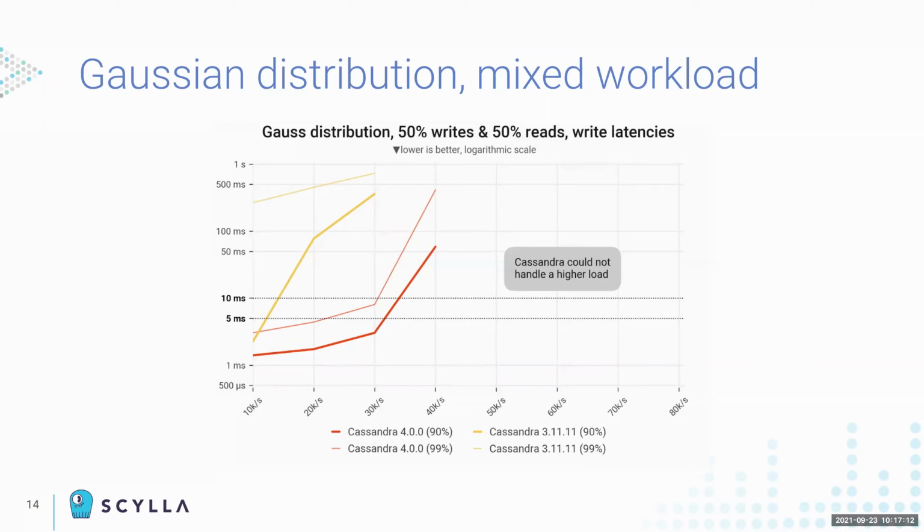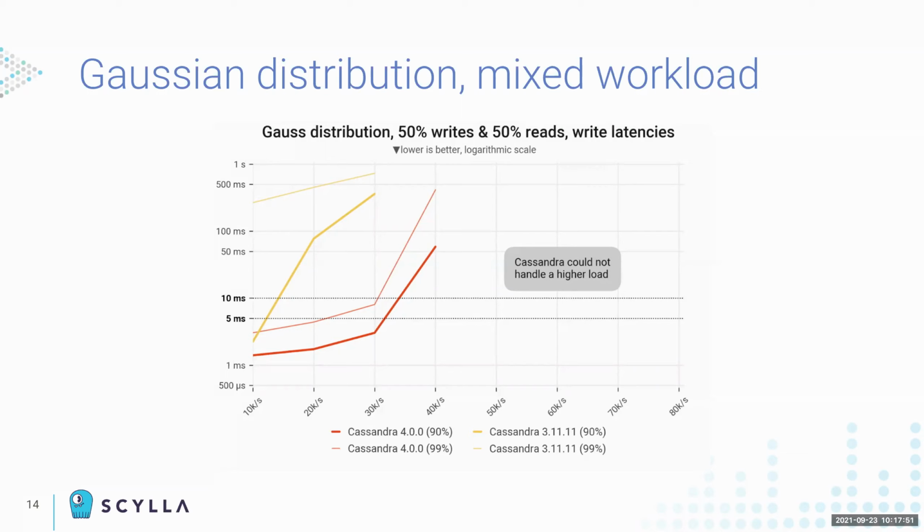This graph shows the write latencies in the mixed workload type of this benchmark. First of all, it will be similar between the graphs. The yellow lines signify the Cassandra 3 results of their latencies. When a graph ends at a certain point, for example, 30,000 operations per second, it means that the database couldn't handle the next step.